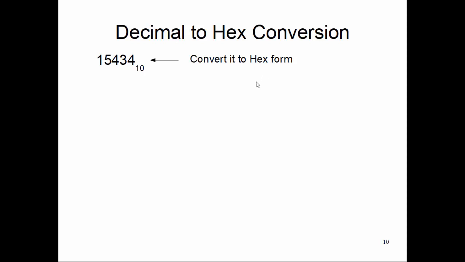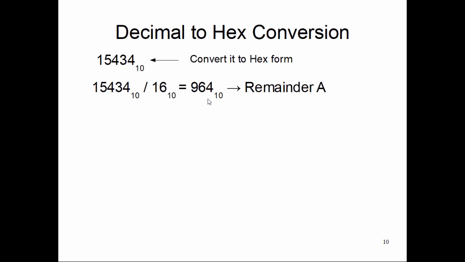It has 16 symbols. So we keep dividing this value by 16 and compute its quotients and remainders. This is a little bit more tedious than dividing by 2, of course, but we can use a calculator. We can come to these quotients and remainders.